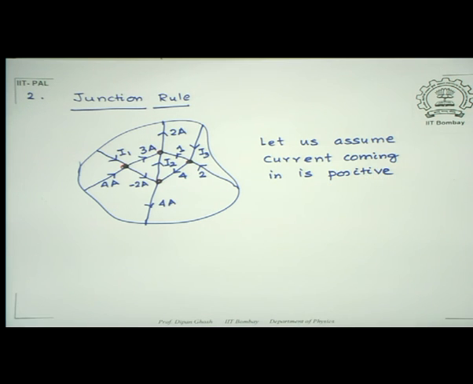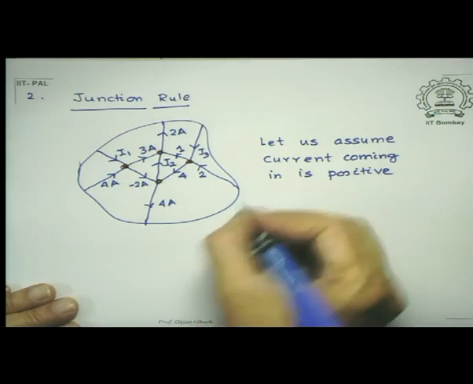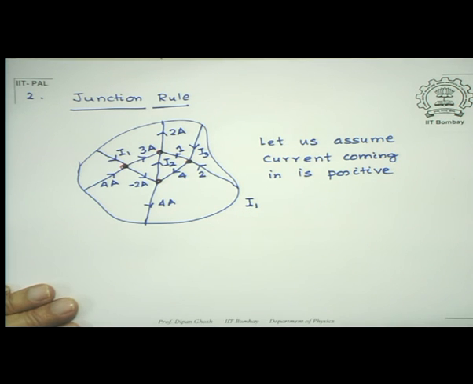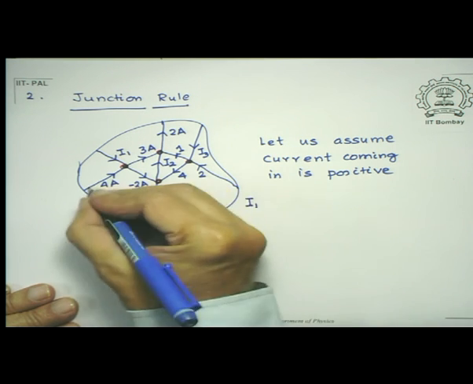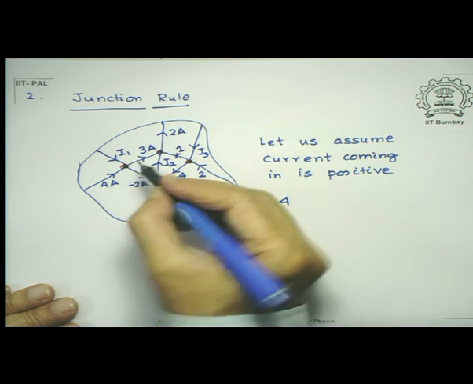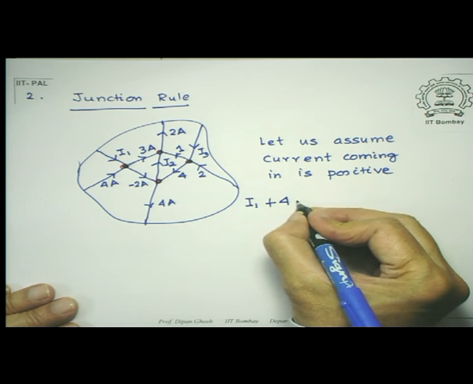If you wanted, you could have assumed that the current which is going out of a junction is positive, in which case the current that is coming into a junction will be negative. So let us look at this first junction. I have I1 coming in, so that is positive. I have 4 amperes coming in again, so that is positive, and there are 2 of them going out. So I put a minus sign there.